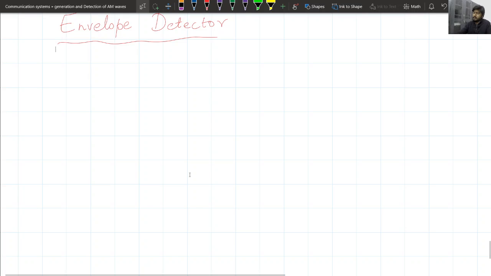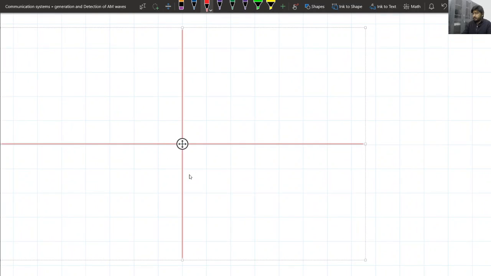Let us again draw the graph of the modulated wave.